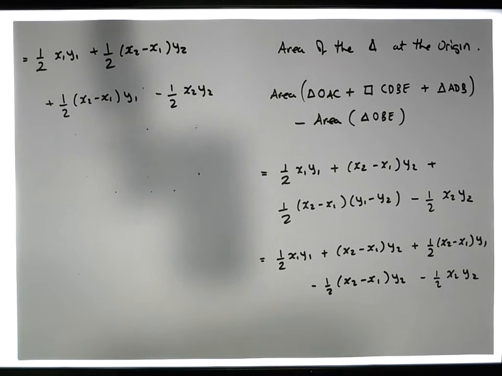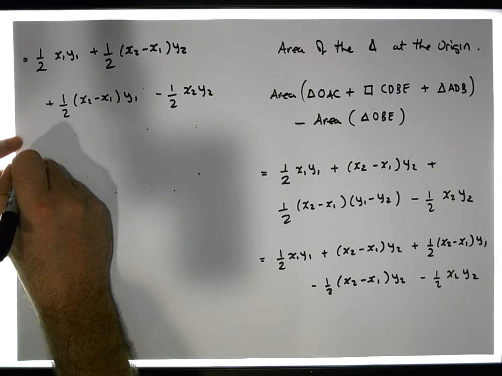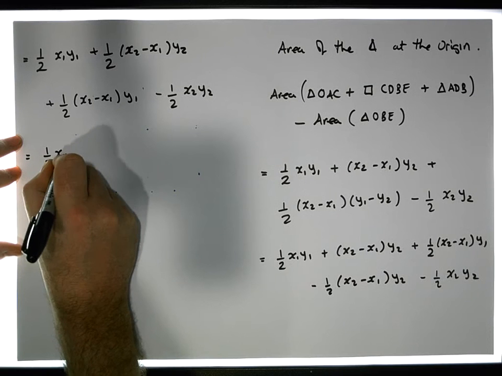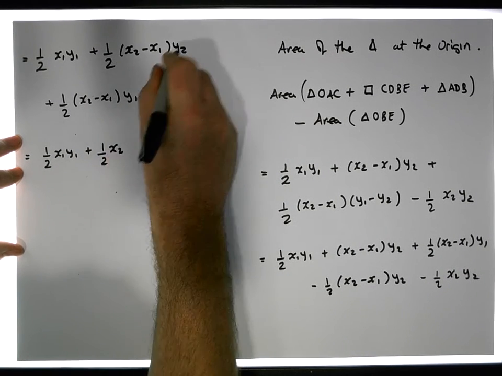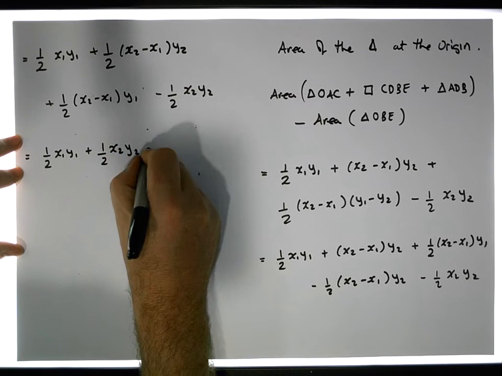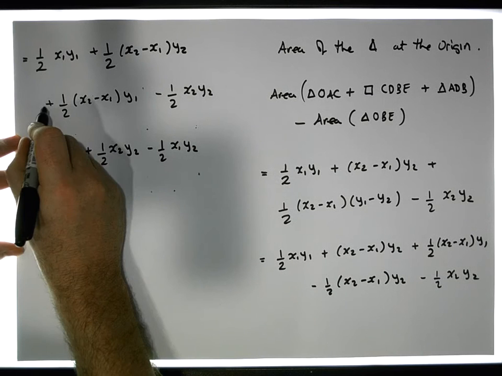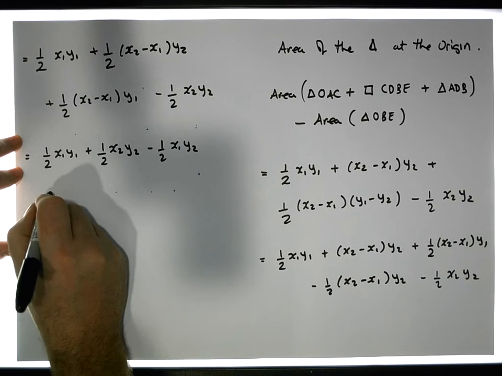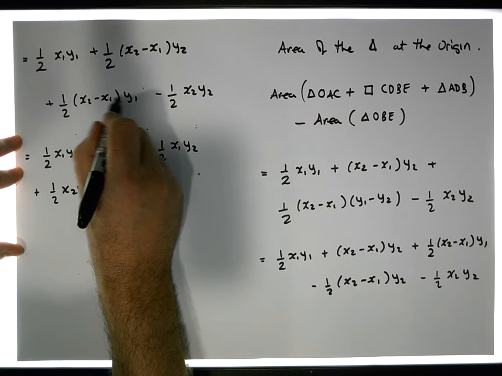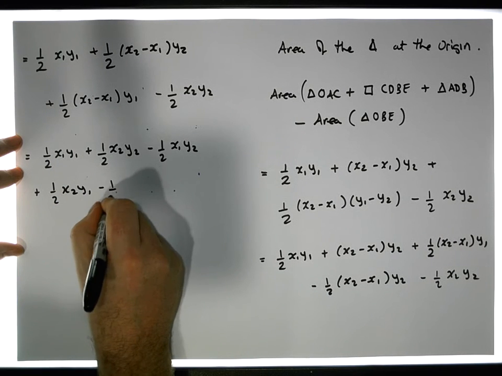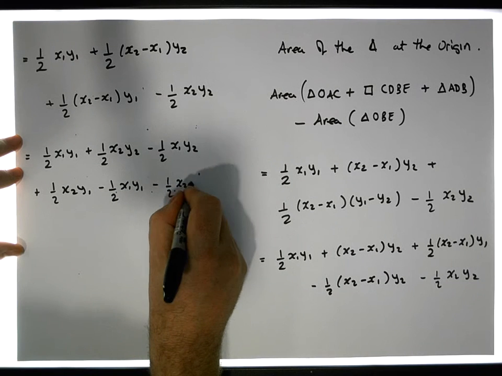Now we can multiply out the brackets. So this is equal to a half of x1 y1 plus a half of x2 y2, minus a half of x1 y2, plus a half of x2 times y1, so plus a half of x2 times y1 minus a half of x1 times y1 minus a half of x1 times y1, and finally minus the half of x2 y2.